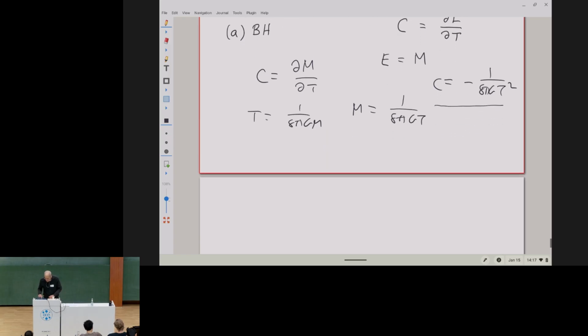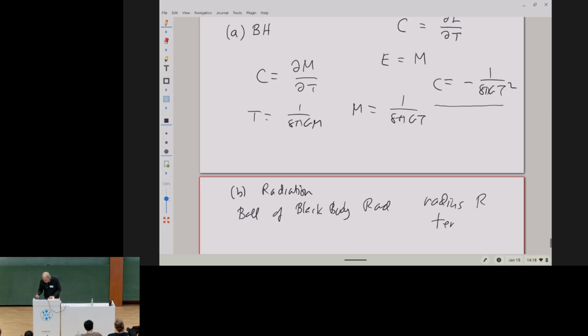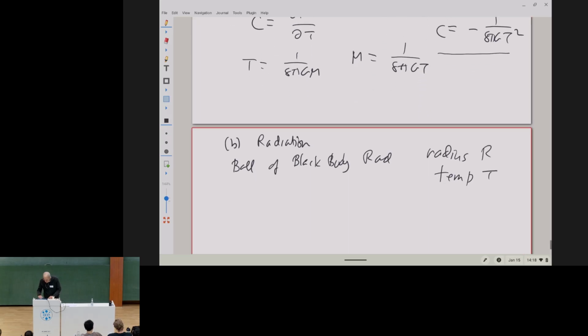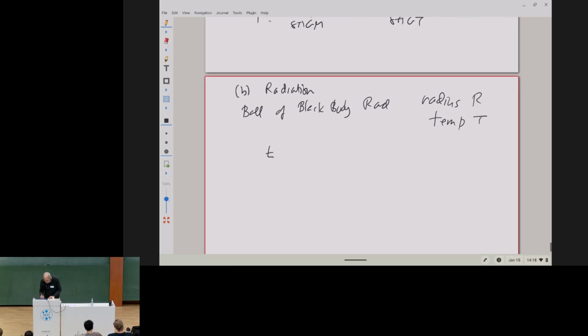Now, that's the instability involving the black hole, but there's also an instability involving the radiation. Suppose you've got a ball of black body radiation, let's say of radius r, temperature T. Then the energy of that ball is of order, the volume is r cubed, but the energy density in black body radiation is T to the fourth.